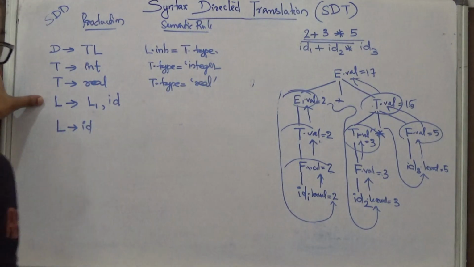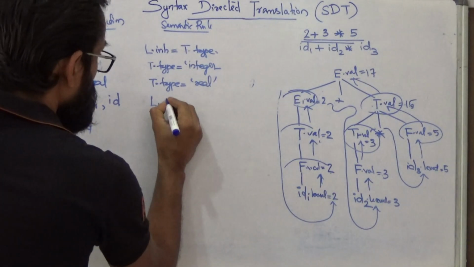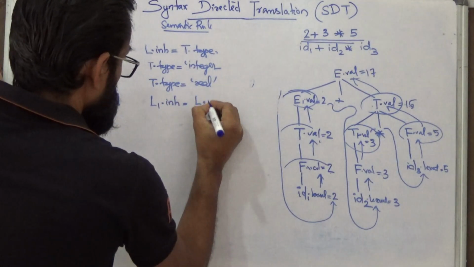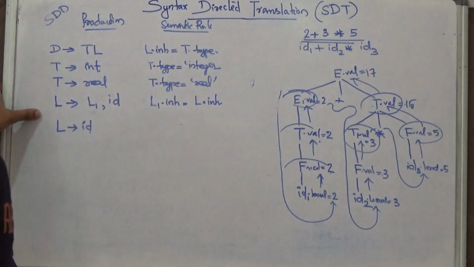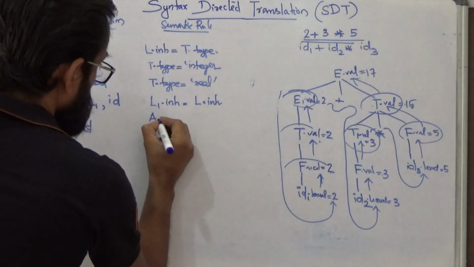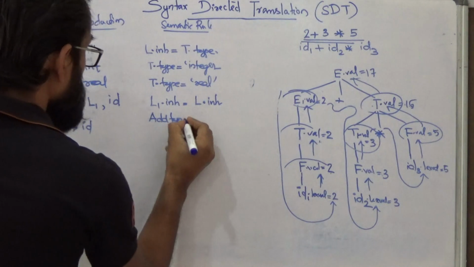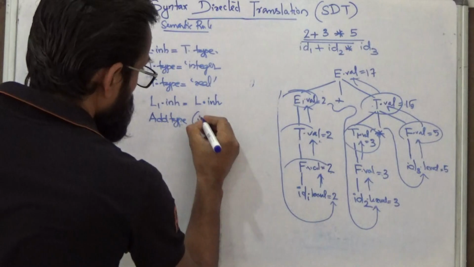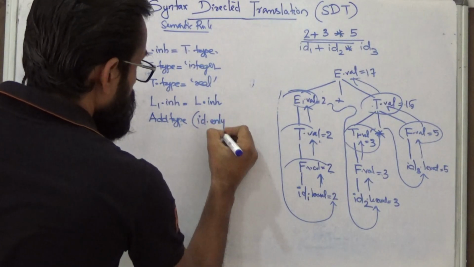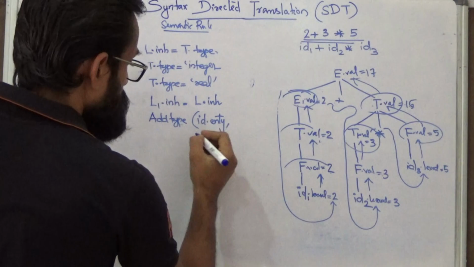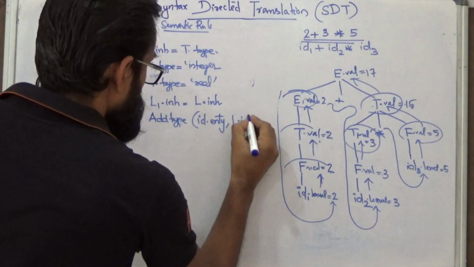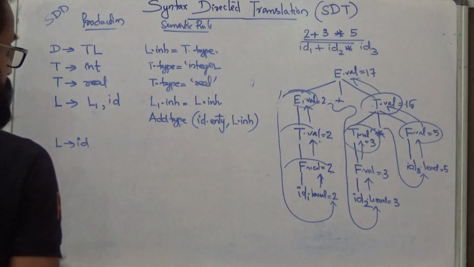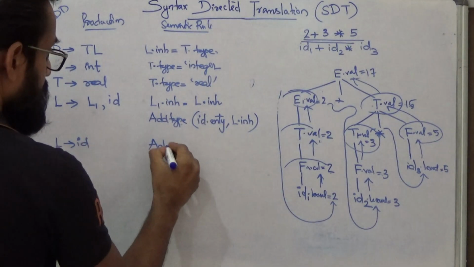So here L1.inh is equal to L.inh, and add type. So you have one more semantic rule for this one: add type id.entry, L.inh. So you have L giving id, then the semantic rule associated is add type.